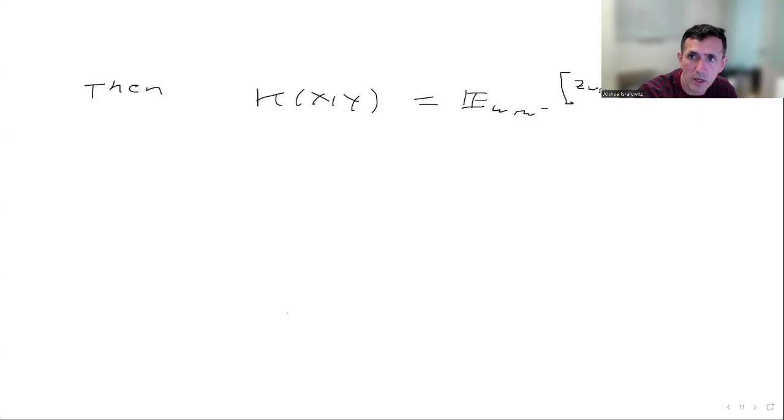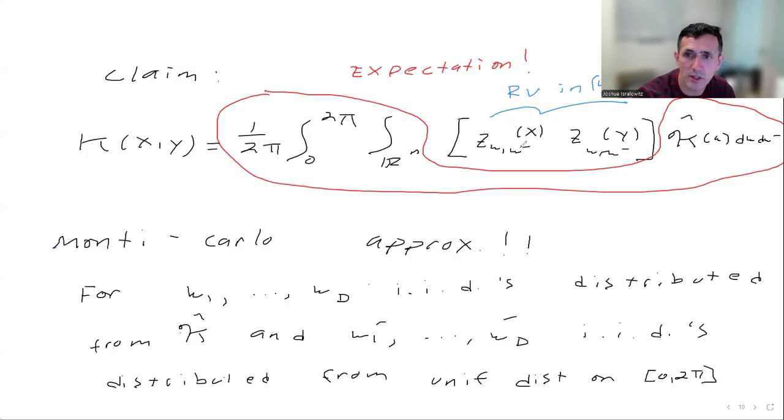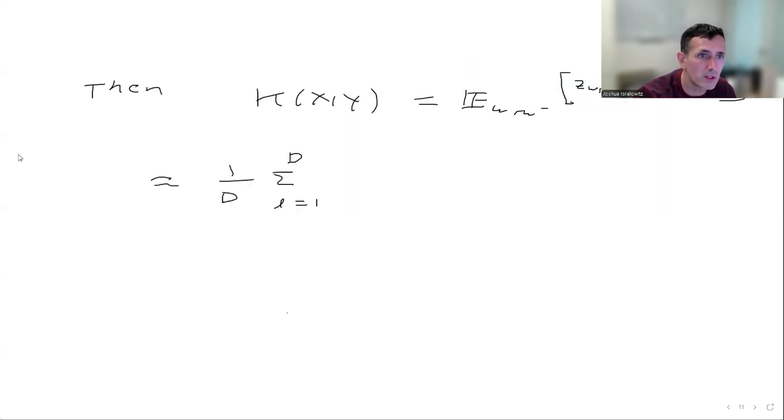Z W prime x, Z W prime y, 1 over D, sum over L equals 1 to D. Remember, this is just square root of 2 cosine 2 pi x W plus W prime. You multiply the square root of 2 together, you get 2.